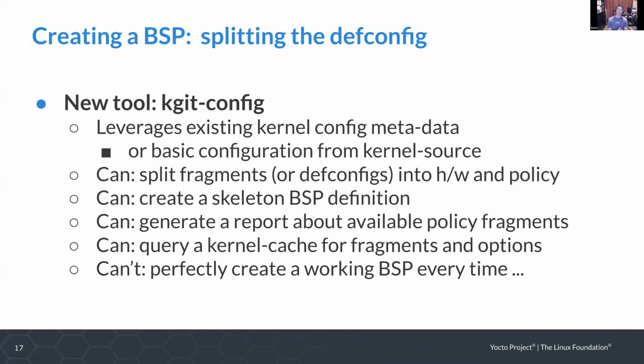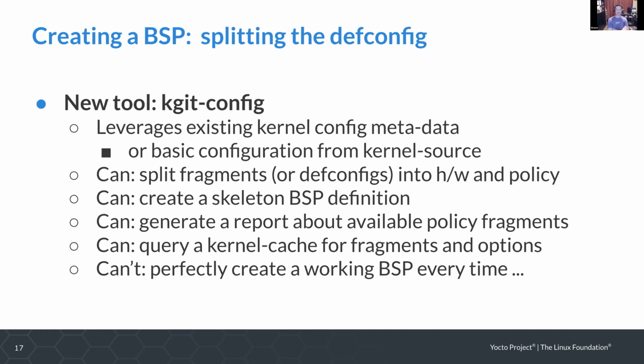So in talking to Trevor, I finished writing a tool that I'd thought about for a while, and it's in the Yocto kern-tools repository. It's called kget-config, and it leverages the existing set of kernel configuration metadata that we have, or it can actually do some analysis on the tree, which is some of that legwork that is done way in the background that nobody sees.